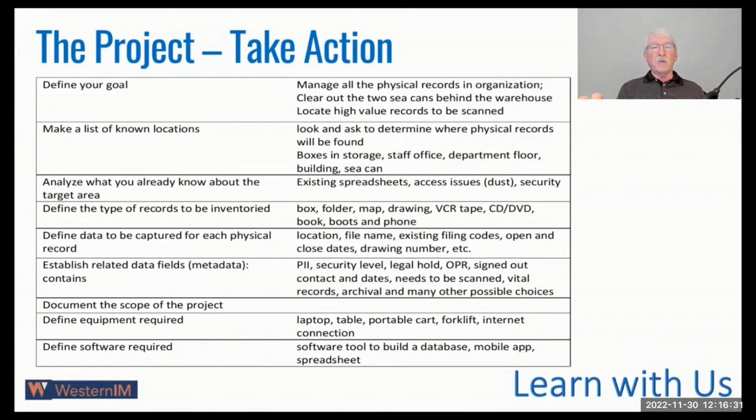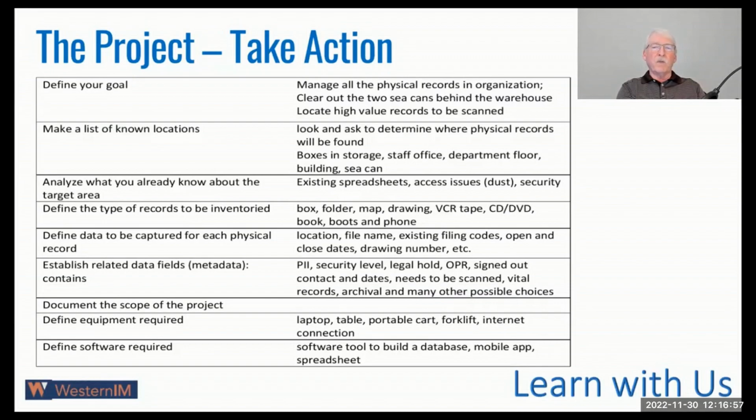Define the data to be captured for each physical record. Is it just the box and the folders, and we want to keep track of the folder, meaning we want to keep open date and close date on the folder, so we can actually do disposition by folder in the box? Or do we want more information? Do we want to think of things like PII?